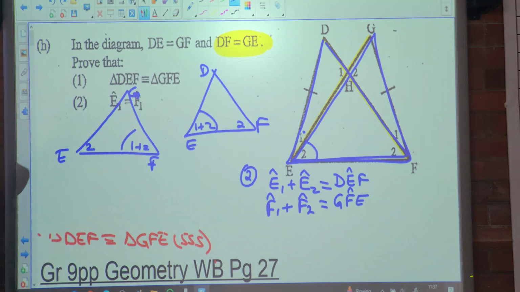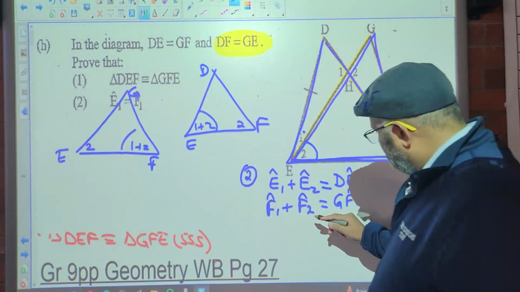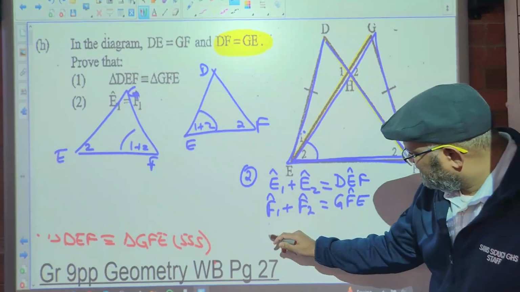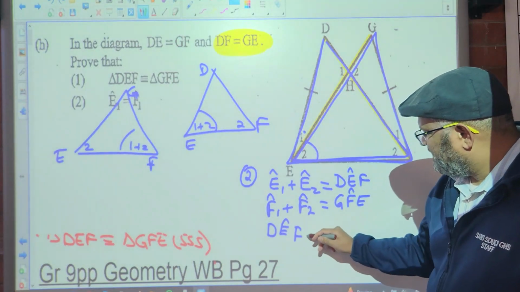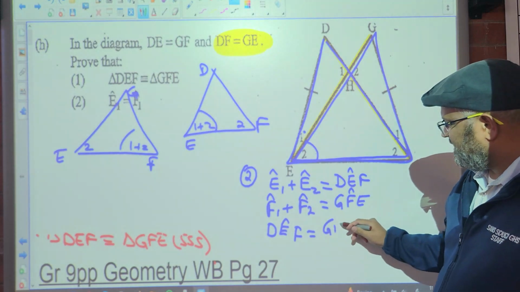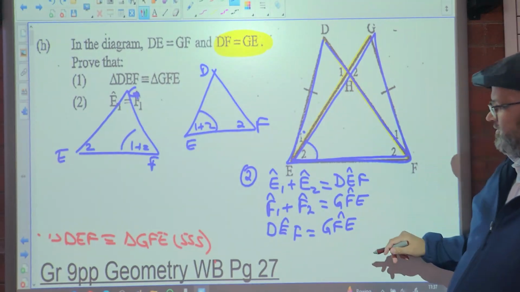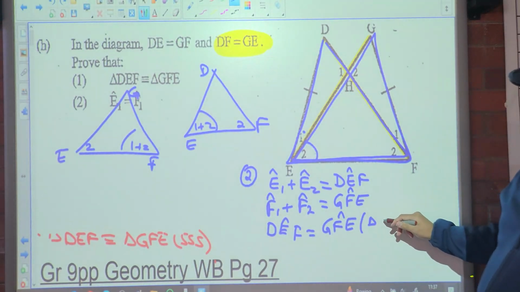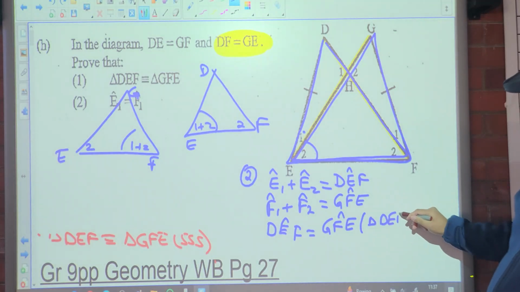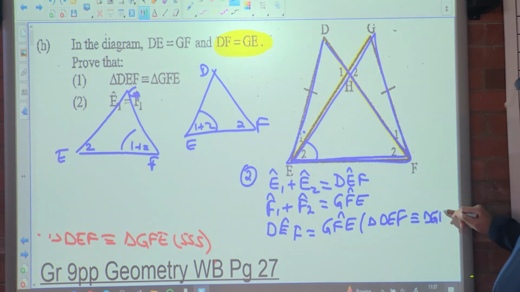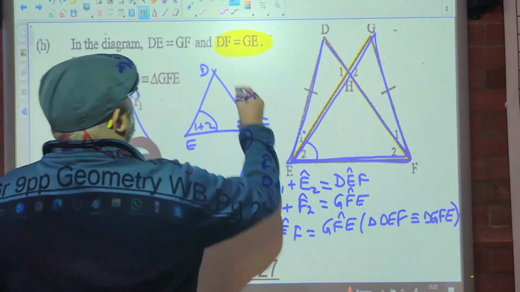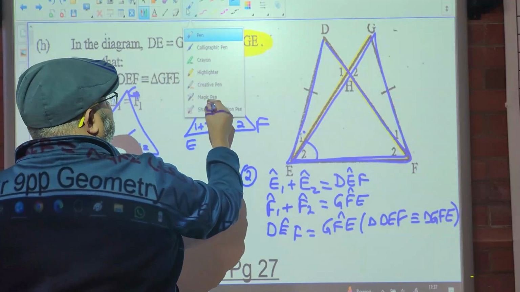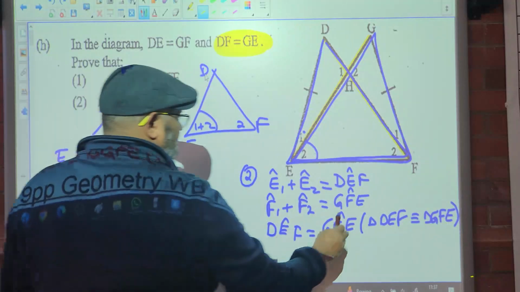Can you see that? So we're going to firstly say that these two angles are equal. So DEF is equal to GFE. Why? Because triangle DEF is congruent to triangle GFE. Okay, so that is already now linked. These two are linked already.